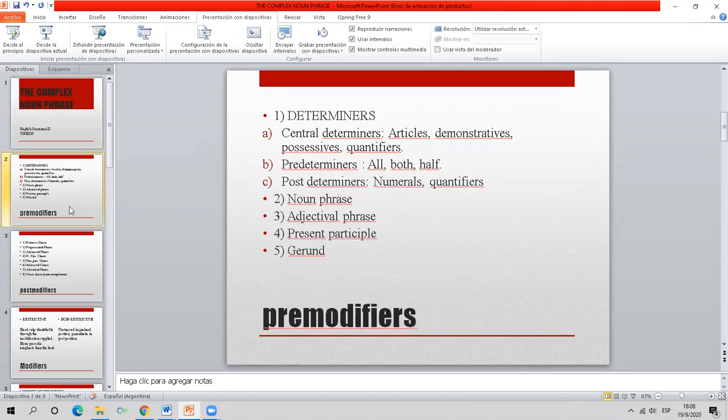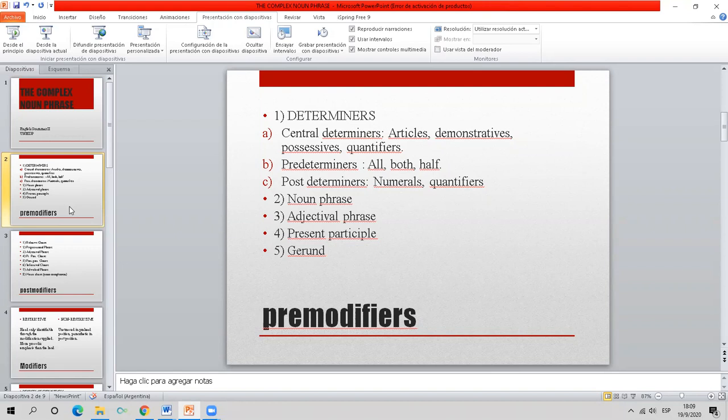We know that within the noun phrase you have a head, which is a noun, and you may find pre-modifiers and post-modifiers. Within pre-modifiers, you probably remember that you have determiners as characteristic pre-modifiers of the head noun.